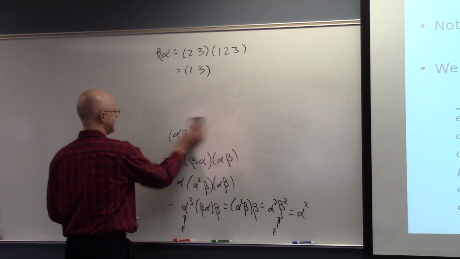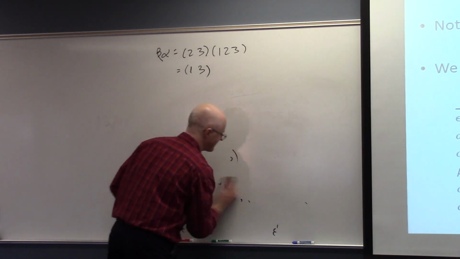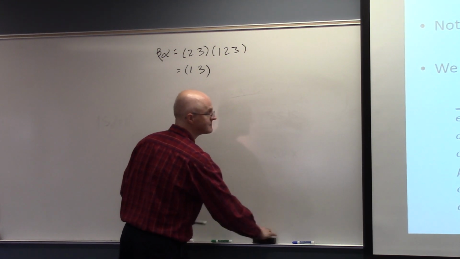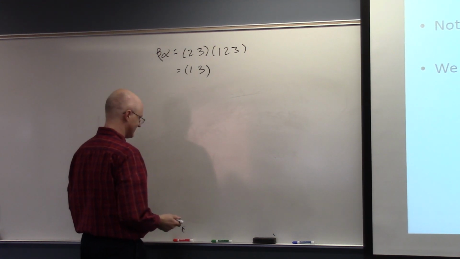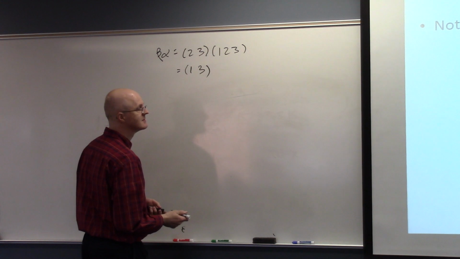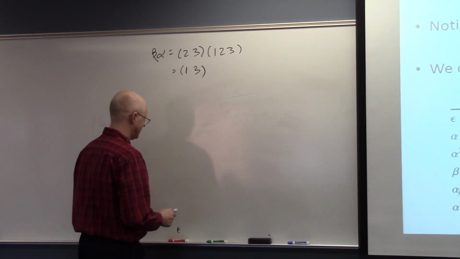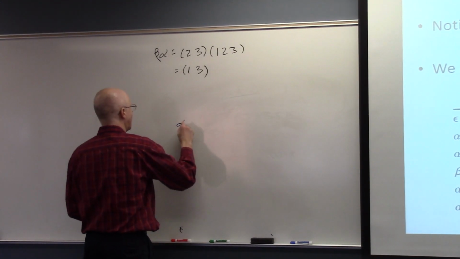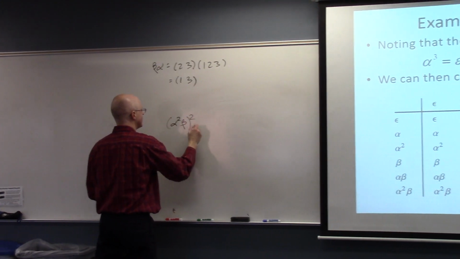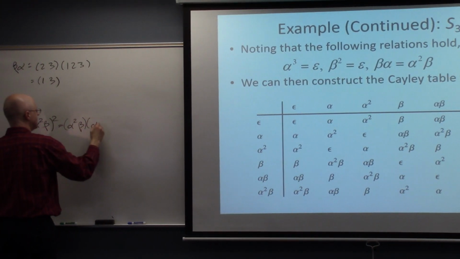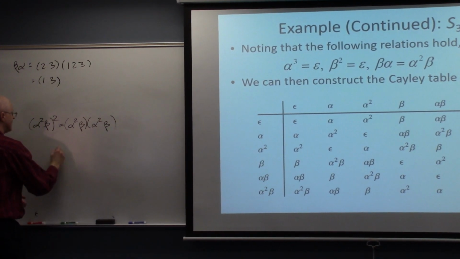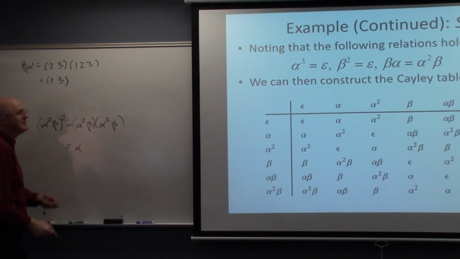Let's check, oh, let's do the one with the most. What alpha squared beta squared is. Alpha squared beta times itself. Again, we're looking to use these equations.